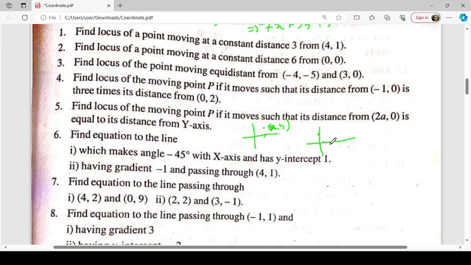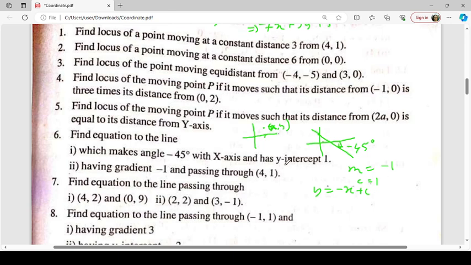The angle is minus 45 degree, so m is tan of minus 45 degree, which is minus 1, c is equal to 1, so y is equal to minus x plus c. So this is the equation of the line, with gradient minus 1.